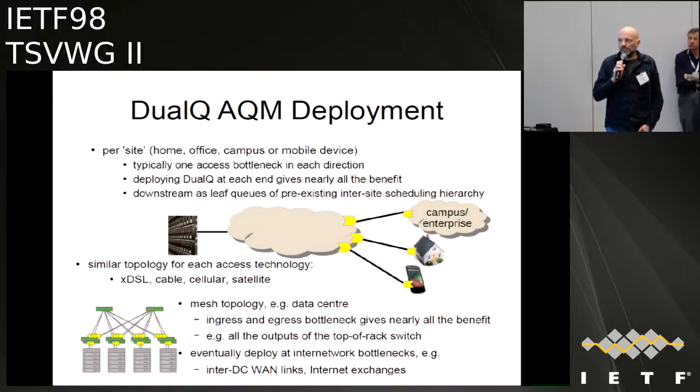Also in data centers it's possible to deploy, because data center TCP is used there, and it allows you to mix classic and data center TCP. And also there you can focus first on the domain bottlenecks in your network, where of course traffic is mixed. Different flavors of TCPs are mixed. Next slide.